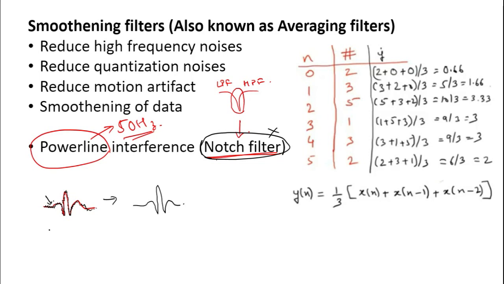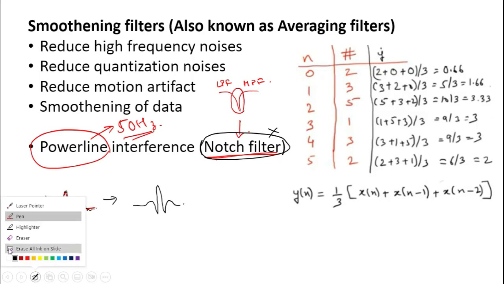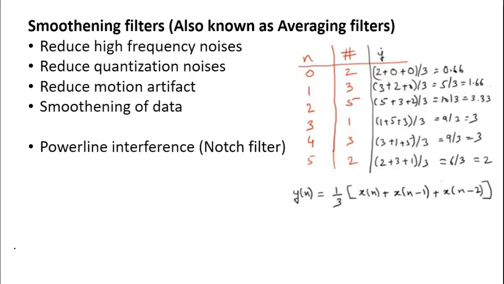Now let us take an example and create one averaging filter. Let us take the time n and the number of students entering into the class. Say, at instance 0, 2 students have entered.